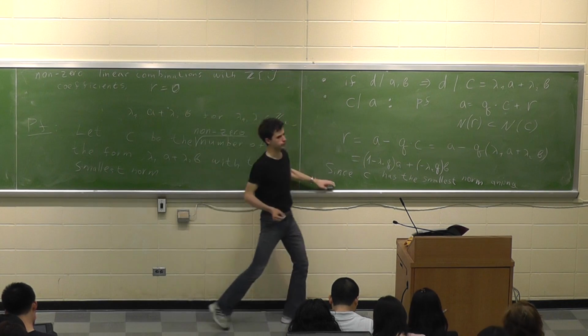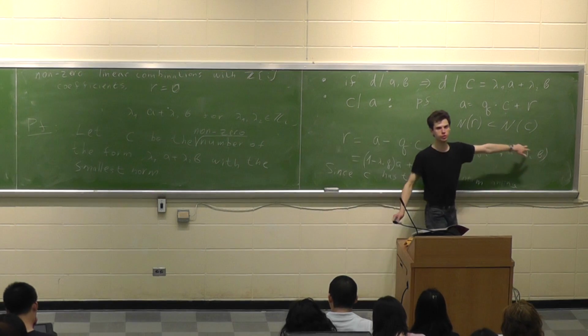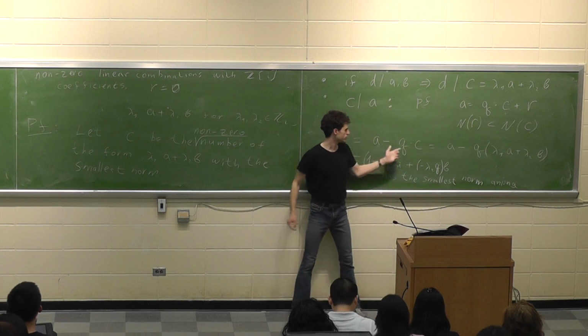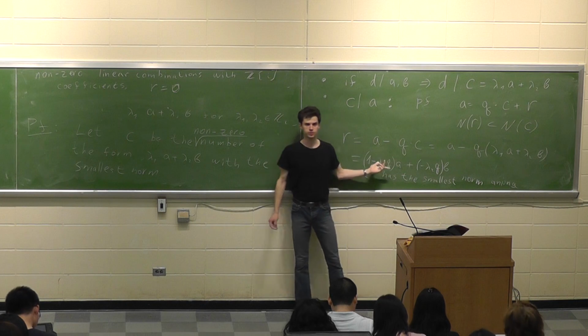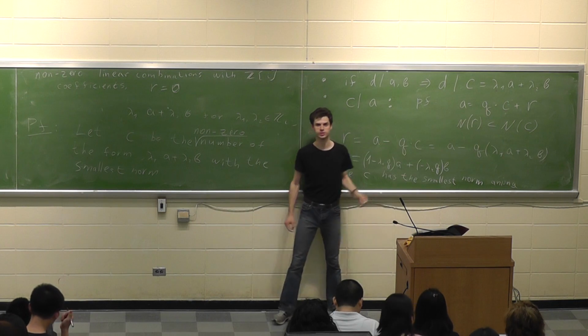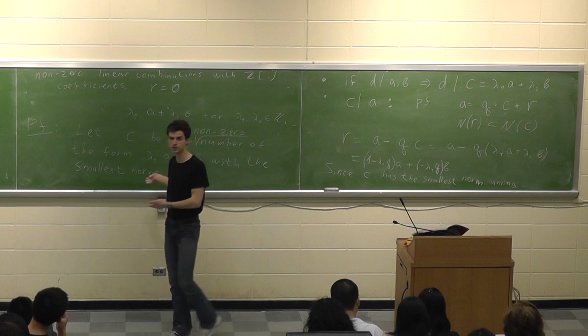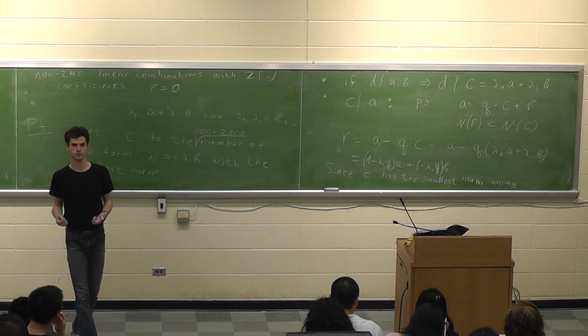Once again, we have two properties. The norm of R is smaller than the norm of C, and R is a linear combination of A and B with coefficients which are Gaussian integers. By the definition of what C was, R must be equal to 0.